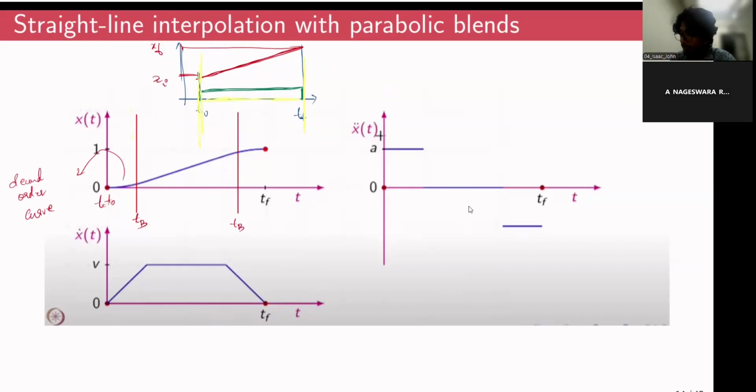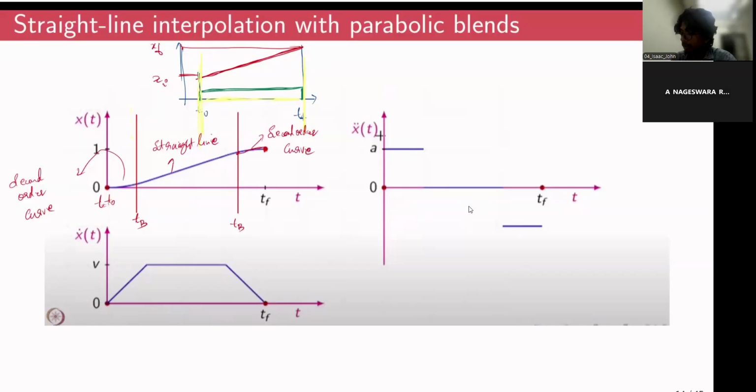And in the middle part, we have a straight line over here. And from the final blending point, we blend a smooth second order curve until it reaches the end point. So this would also be a second order curve.